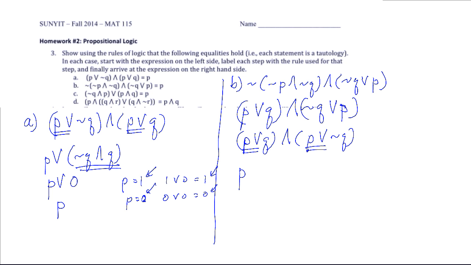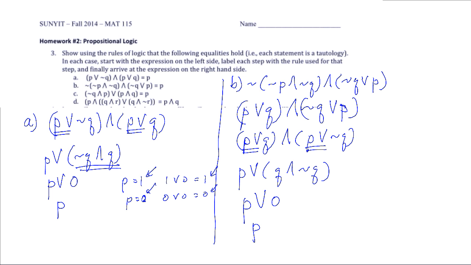P or Q and not Q. So when I factor out the P or, I'm left with Q and not Q. And that works. And now I'm back to exactly what I had in part A. P or 0, which is equivalent to P.